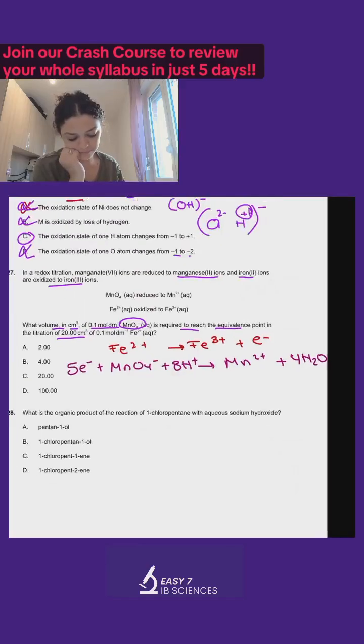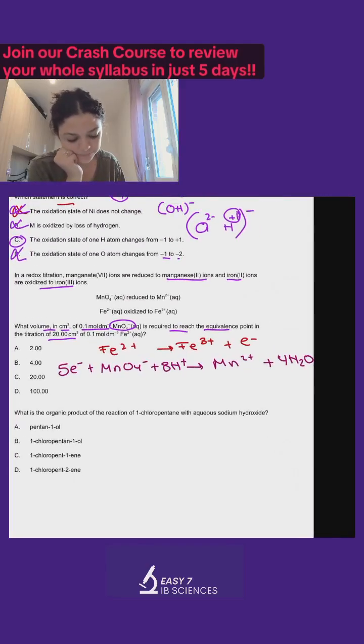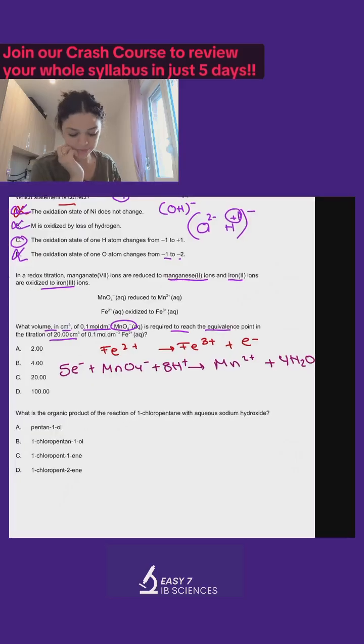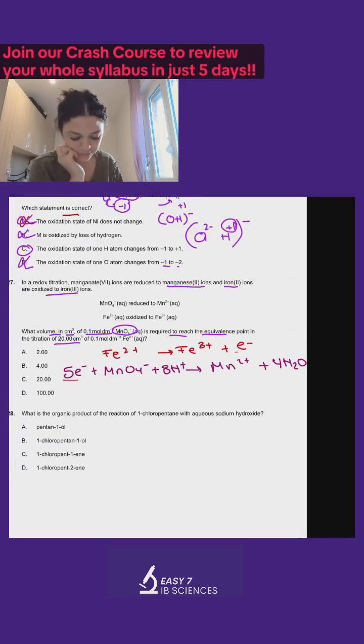Now that I've written my half equations, I need to add them to make one equation. How do I do that? I just make sure that my electron ratios are equal. To make the electrons equal, I'm going to multiply this side by 5 so that it ends up being 5 Fe3 plus and 5 electrons.